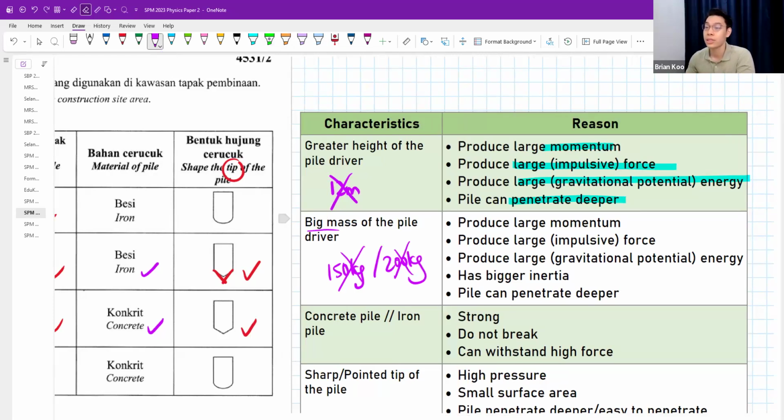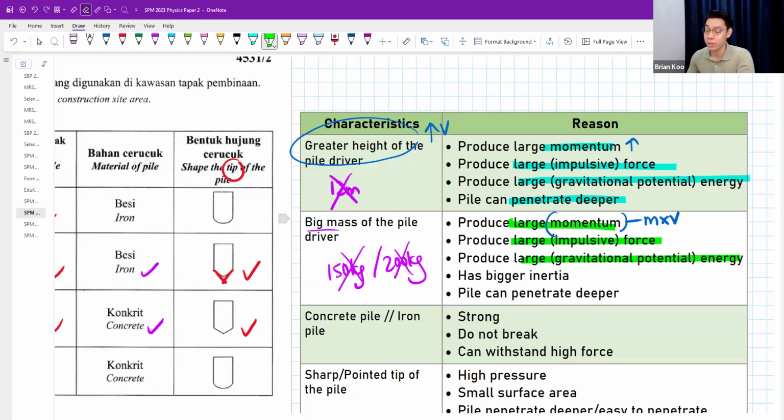Reason, produce a lot of momentum. Why? Because momentum is mass times velocity. Just now you drop from a greater height, you increase the velocity, then you increase the momentum. Now, greater mass, you also increase the momentum. Greater impulsive force, greater energy.